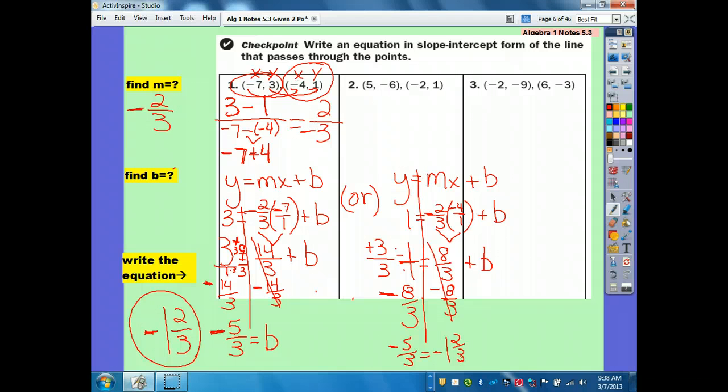Alright, so now you need to write the equation. Y equals, what's our slope? Negative 2/3, which caused everybody problems. Negative 2/3 x minus 1 2/3.